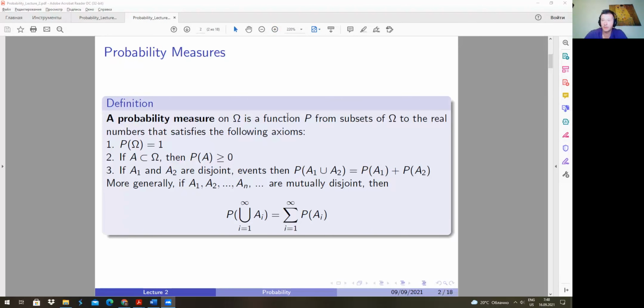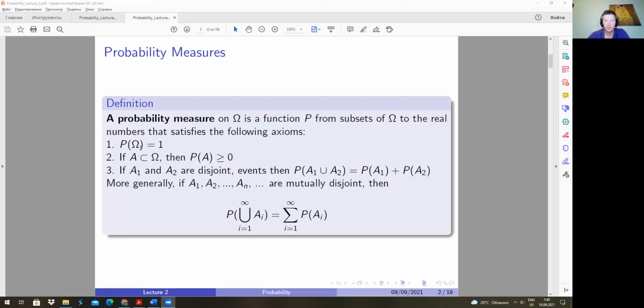So we define the probability measure as a special function which allows us to map or to represent some events, and we spoke about events in our revision of the set theory, into some numbers, and we put some restrictions on these numbers.